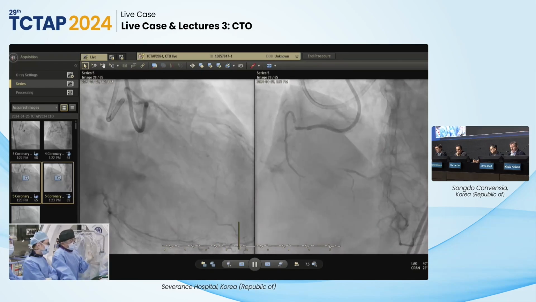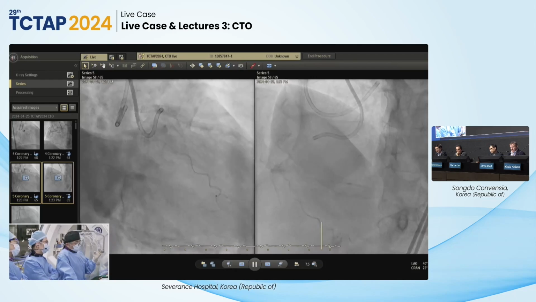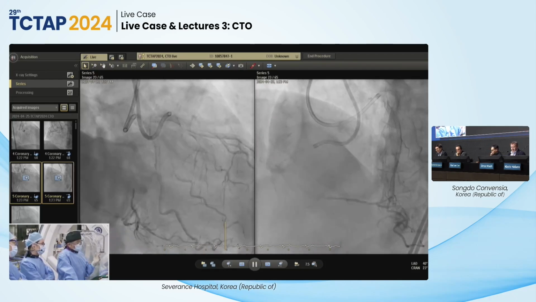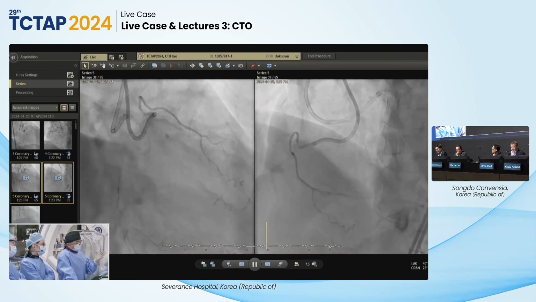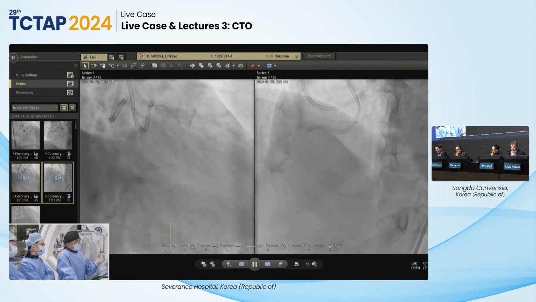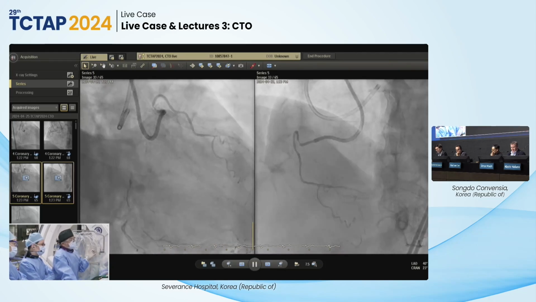Yes, as you can see, in the middle of the stent a very big septal branch was noted, and we can also see some very good collaterals. However, as we previously mentioned, 2 or 3 very bended portions were noted.